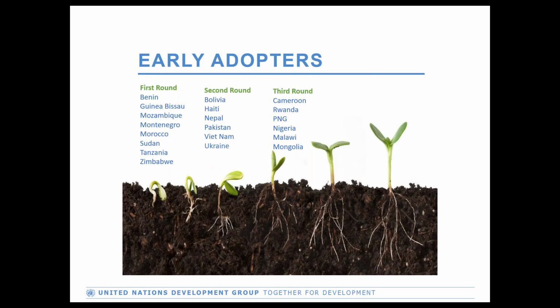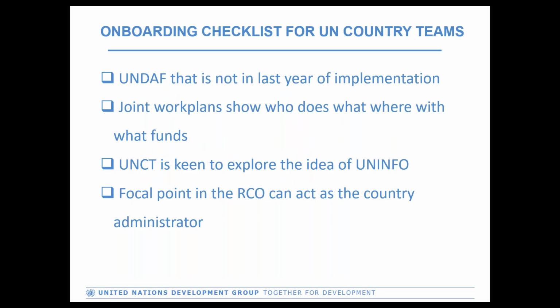Next. If you would like to be part of this group of colleagues, this is basically what we're looking for in a nutshell. One, having a functional UNSDCF, preferably not one that's in the last year of implementation, because it's a bit of an effort to put everything in only for one year.